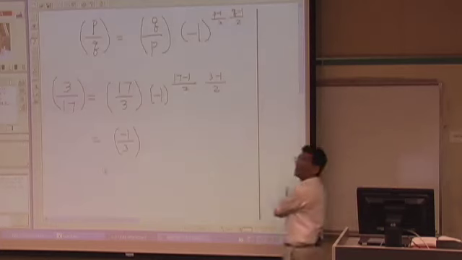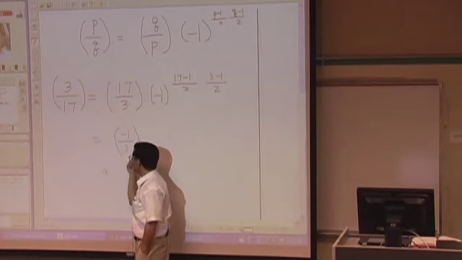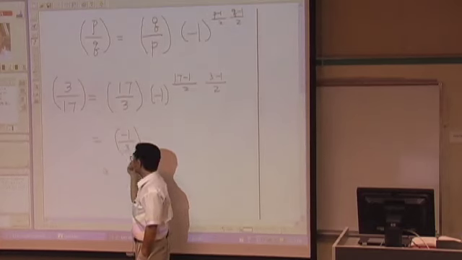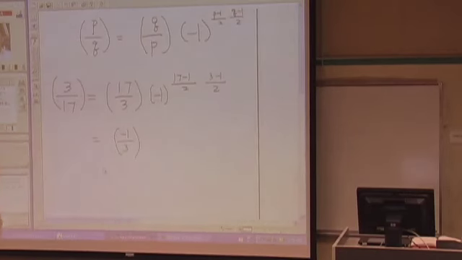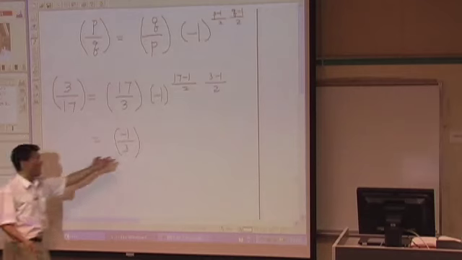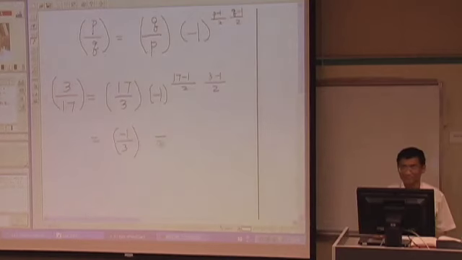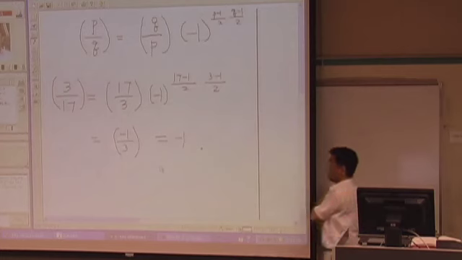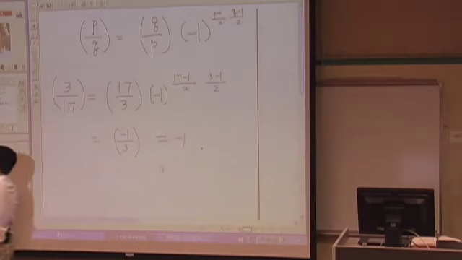Then take a look. When you see a minus sign, always look at this portion. Is it 4k plus 1 type or 4k minus 1 type? It is 4k minus 1 type, and minus 1 is bad, right? So this means negative 1. So as you can see, quadratic reciprocity makes the calculation way easier. You don't even have to do any binary exponentiation once you arrive at quadratic reciprocity.